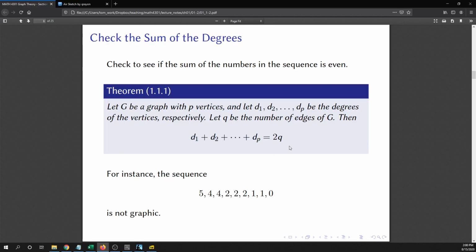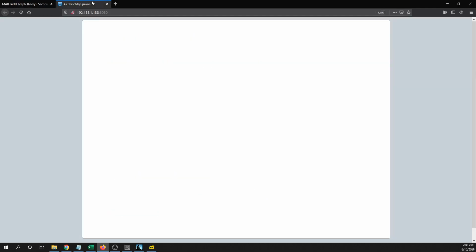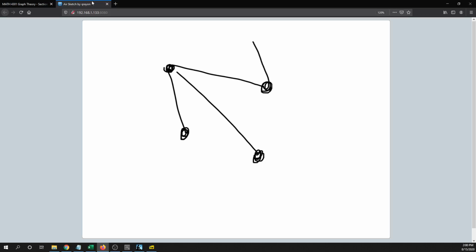All right, and the idea behind that is just that if you count up the degrees, let's see, if I have a graph that looks like this, the degree here is 3, the degree here is 1, 1, 3, 1, 1.